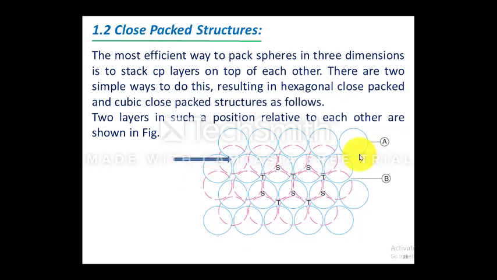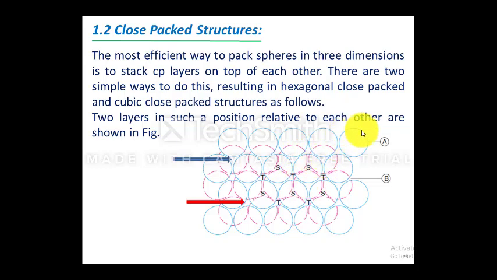One is represented by S and the other one is represented by T. So the second layer, which is represented by A, here the circles are blue in color. The second layer has two possibilities. The atoms of the second layer can reside on empty space T, or on empty space S. As mentioned here, the atoms of the A layer reside on the empty space S.